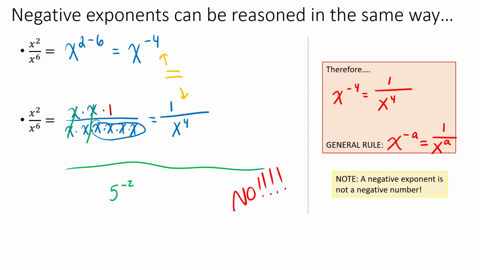So what is it equal to? Well, if we follow that law of exponents, that would be 1 over 5 squared. We take that negative exponent, kick it down into the denominator, and so it would be 1 over positive 25, not negative 25. Not the same thing. So that negative exponent does not indicate that you have a negative number there. Very, very easy thing to trip up on.